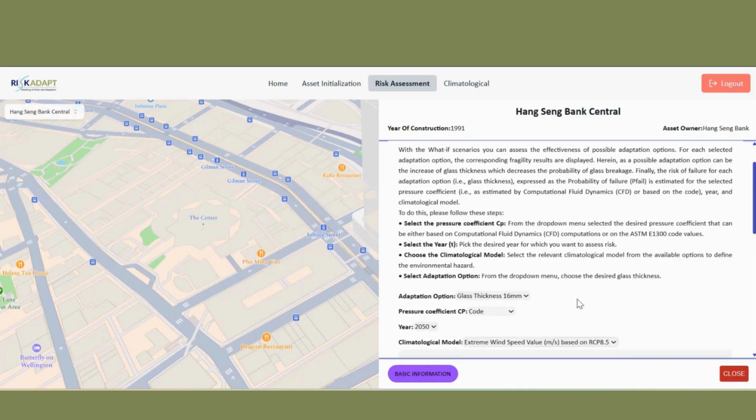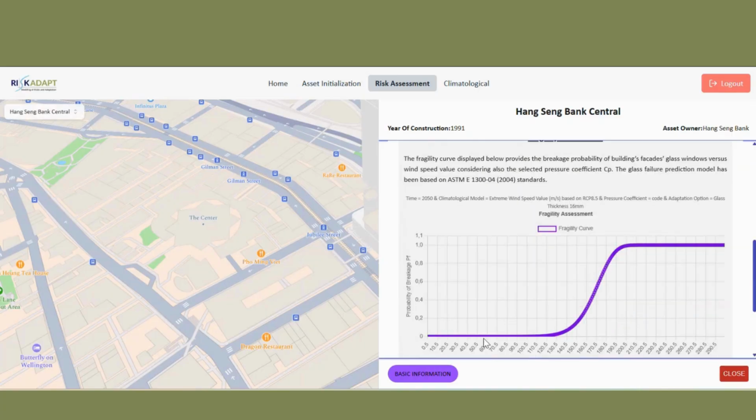Climatological model is one. You have a different fragility curve, and that fragility curve has moved to the right, meaning that for the same wind speed, the 16 millimeters have lower probability of failure, which is plausible. It's logical because the thickness is larger.